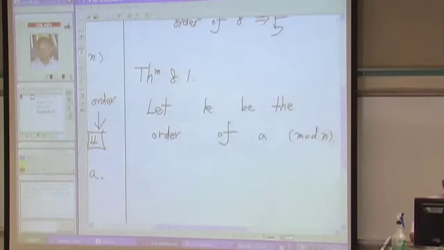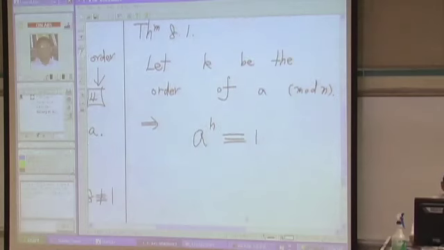Then A to the power of H is 1 mod n, where mod n is always assumed, if and only if K divides H.